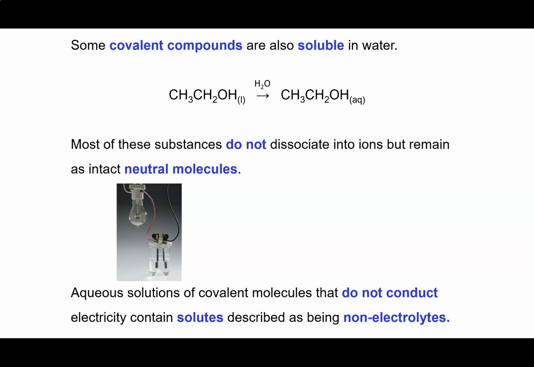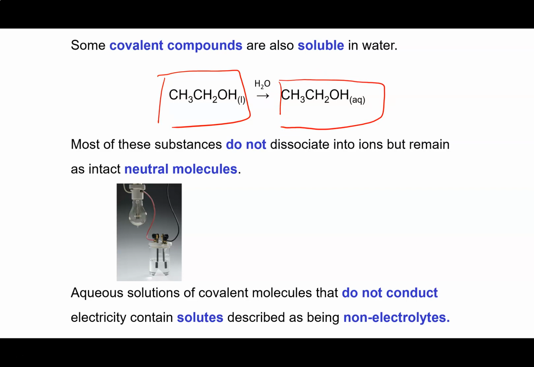Now, when we look at molecular compounds, many of those are soluble in water as well. Here's an example here. This is ethanol. Drinking alcohol, we normally drink it as a solution in water. Now, when ethanol or any other covalent compound of this kind is dissolved in water, what we end up with is just solvated neutral molecules.